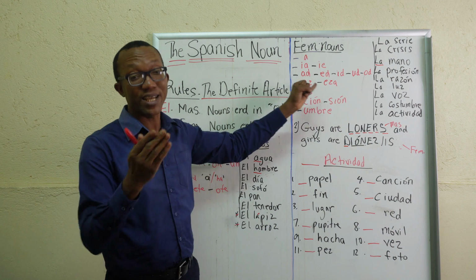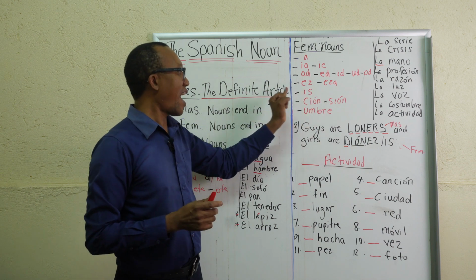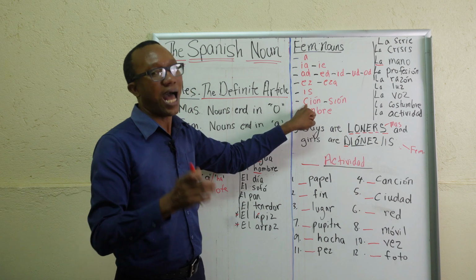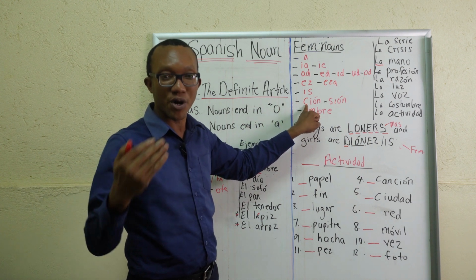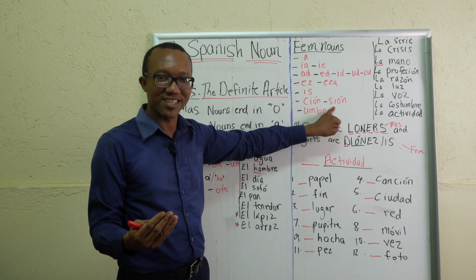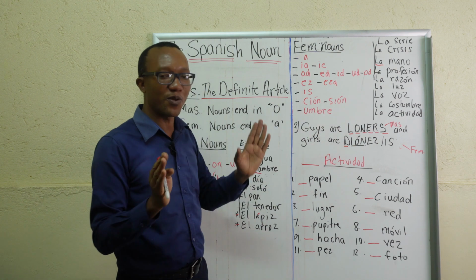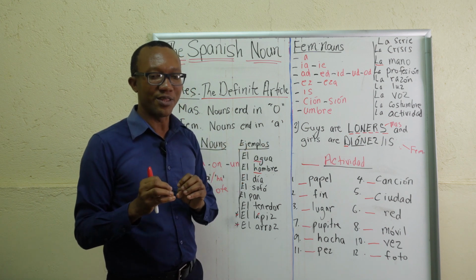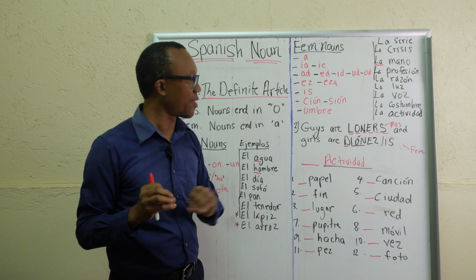Then we have EZ or EZA, and then we have IS, and we have CION, spelled with a C-I-O-N, and these we're talking about at the end of the word, the last syllable in the word. And then we have SION, S-I-O-N. So any of those syllables that you see, you know that they're going to be preceded by la.